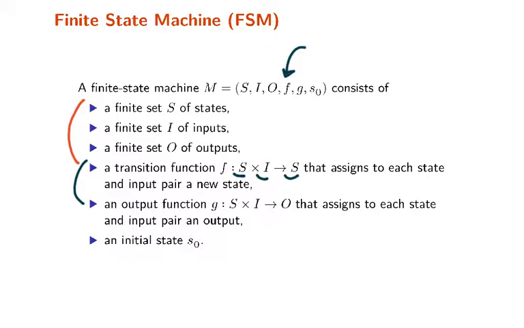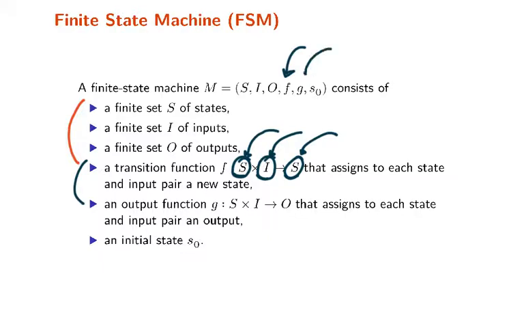For instance, in the case of the elevator, if we take as the current state the 6th floor, and we input the button for the third floor, the next state is going to be the third floor. So this transition function associates to the state 6th floor and the input button for the third floor the state third floor.